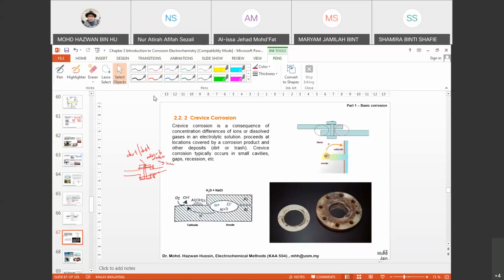When this area becomes more wet or humid, it can make corrosion occur on the wall.